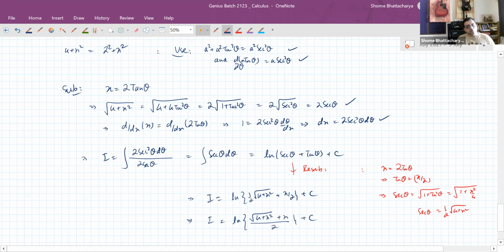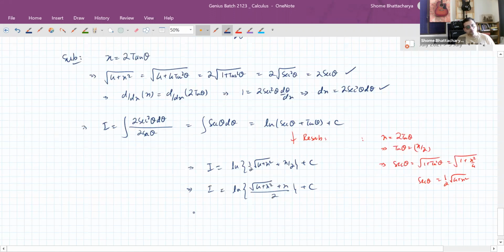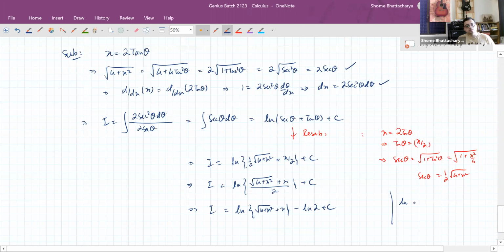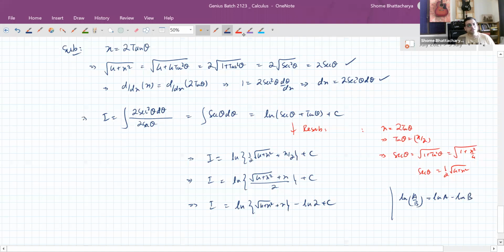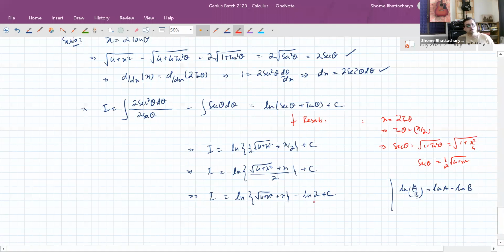And then we can use the property of log, that ln a by b is ln a minus ln b. Using this property, and after having done that, now you can understand that this is a constant term.